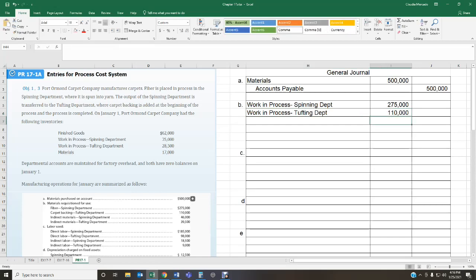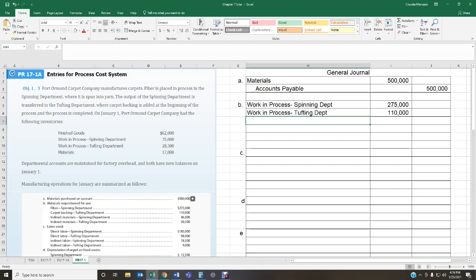Okay, and that is $110,000. Now here we have to be very careful, okay? It says indirect materials, spinning department. So these are materials that are not associated so much with the actual production of the carpet. They're indirect materials that we might need. Anytime you see indirect materials or indirect labor, that goes into factory overhead, okay?